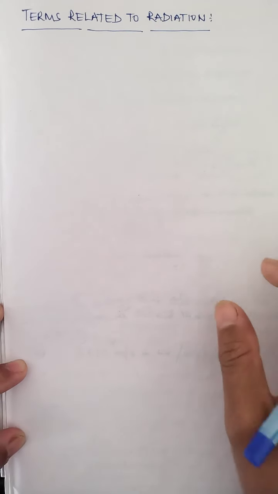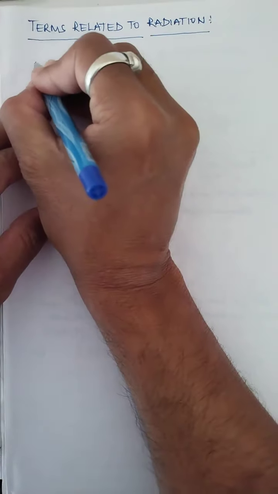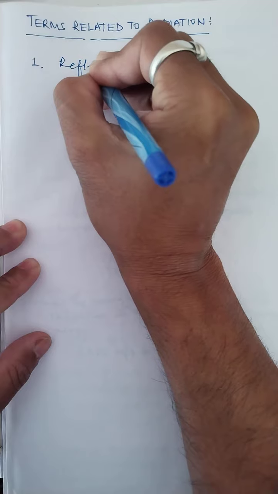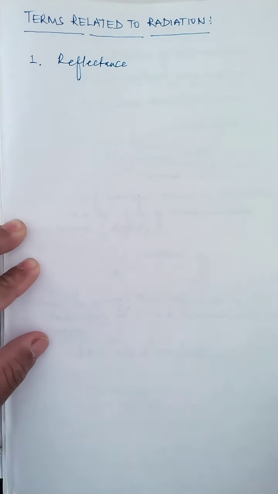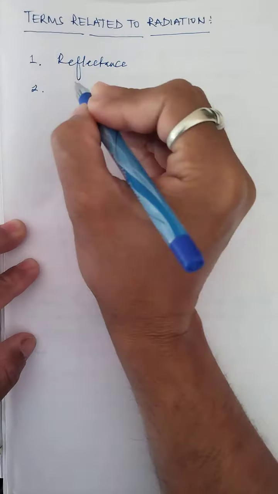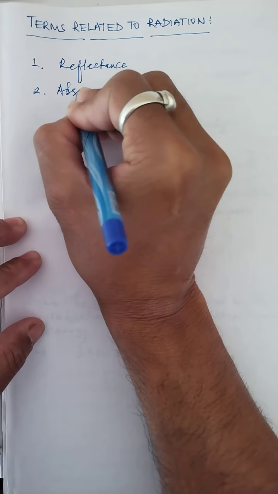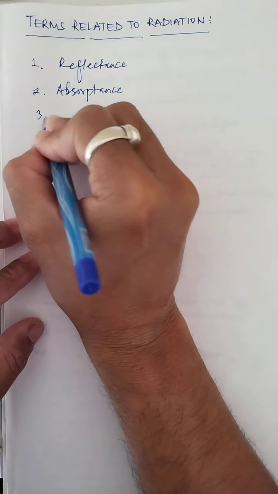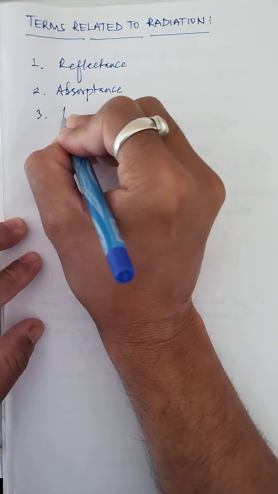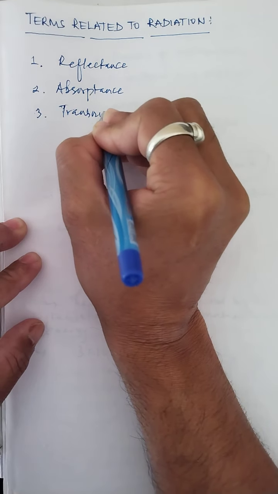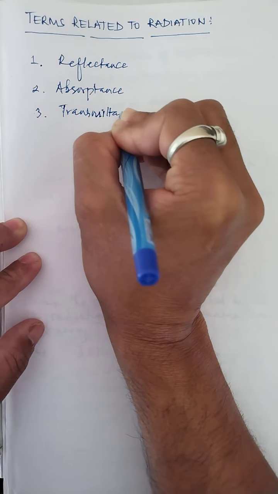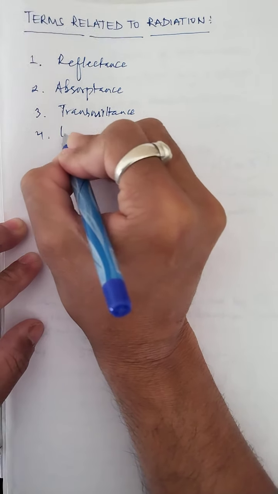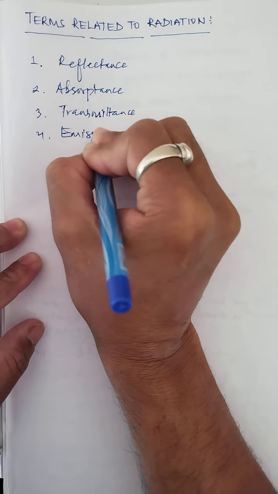Now, to understand radiation, one of the terms we need to define is reflectance. Then we have another term to define, called absorptance. Then the third term to define is transmittance. Then we have another term, emissive power, so we need to understand emissive power also.